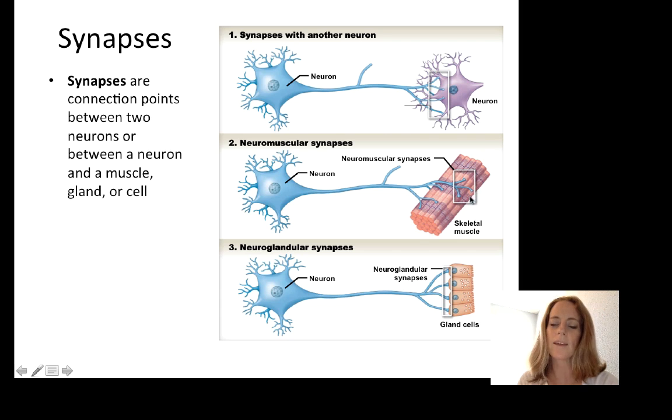We'll talk more about this in a couple of lectures when we talk about muscle physiology. The last case is a neuroglandular synapse, where a neuron can send action potentials down its axon to contact glandular cells. And in this case, activation of a glandular cell will lead to secretion of chemicals.